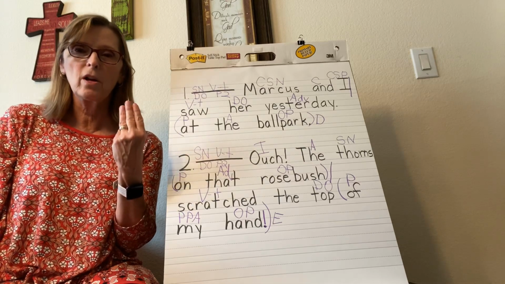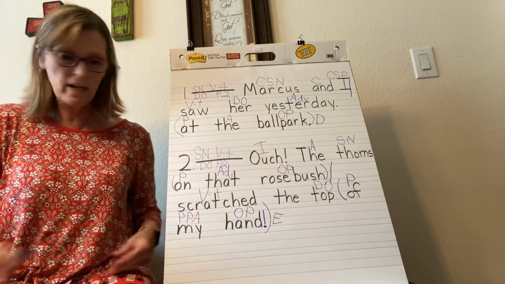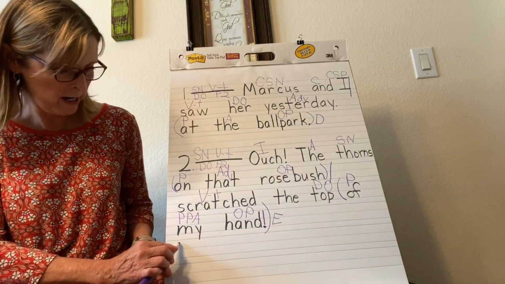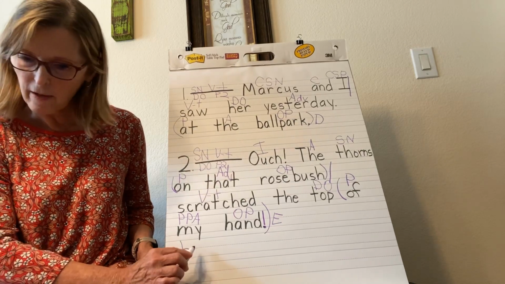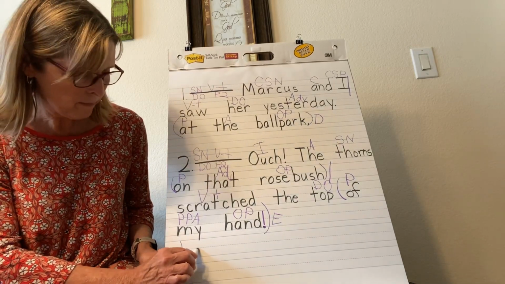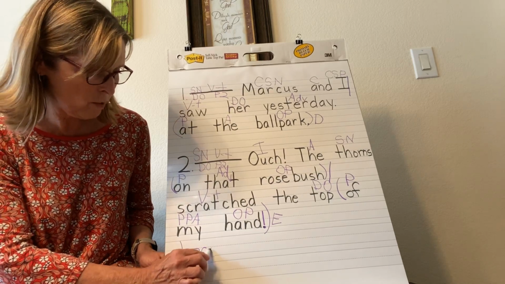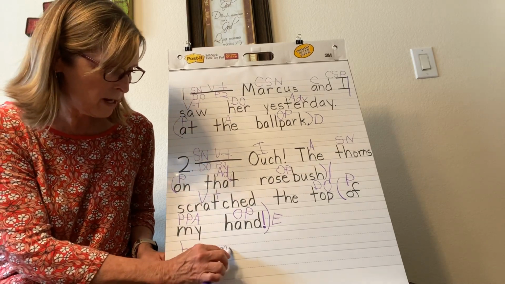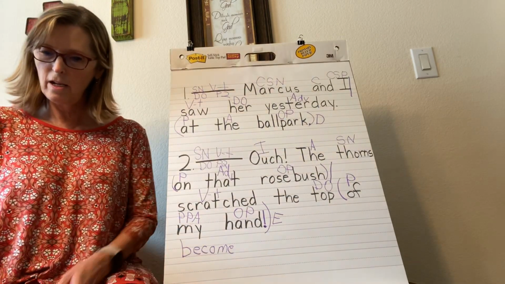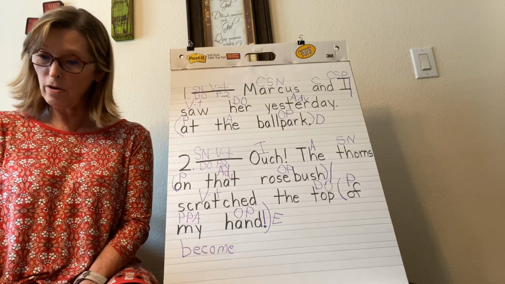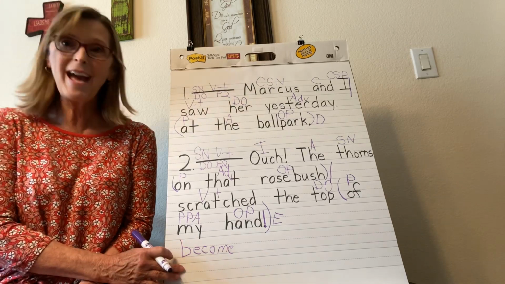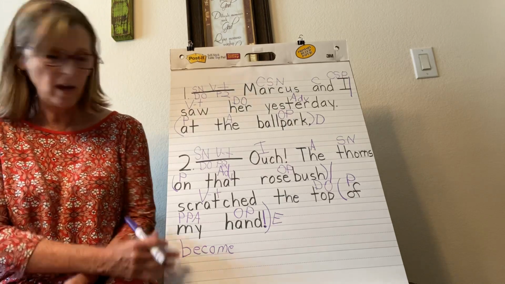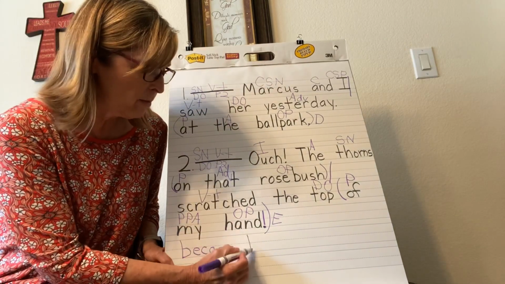So remember, if we have a verb, for example, I'm going to put one right here. If we have the verb become, that is the simple verb. If I wanted to change this to past tense, I would have to change it to became.